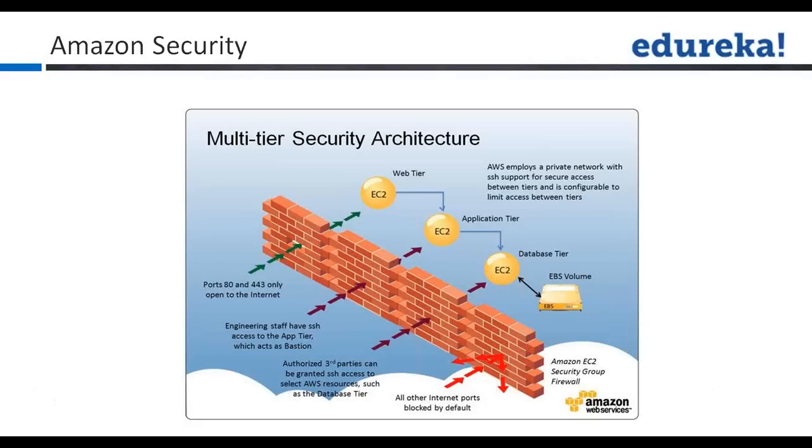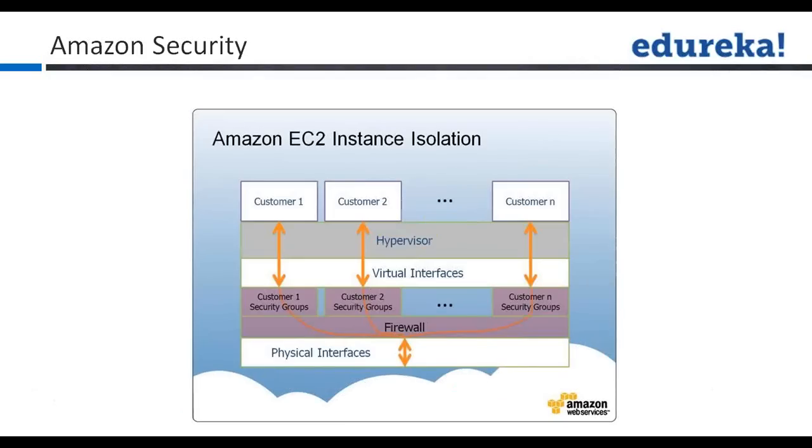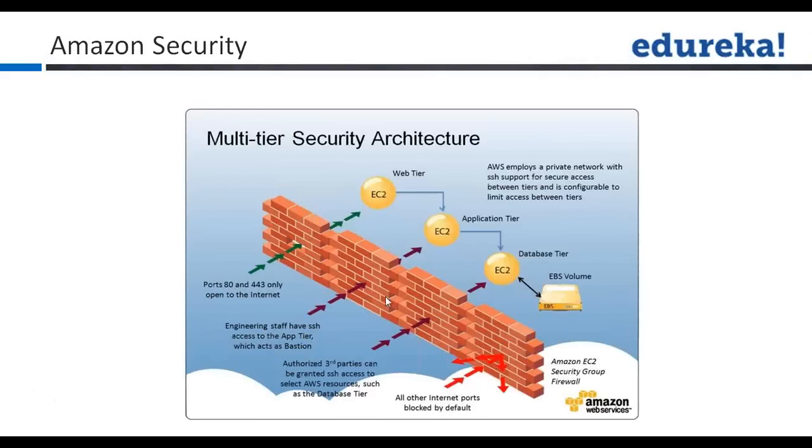If you go back to the previous slide, the customer one security group is a virtual firewall, shown in orange blocks. For the web tier, you open ports 80 and 443 only, for HTTP and HTTPS.